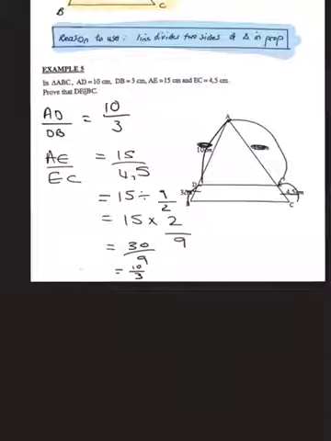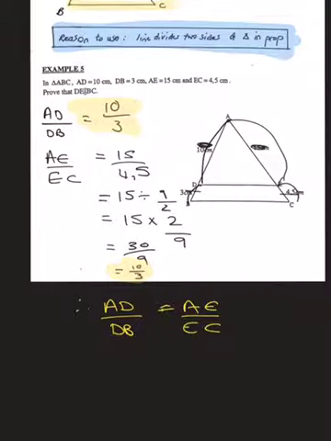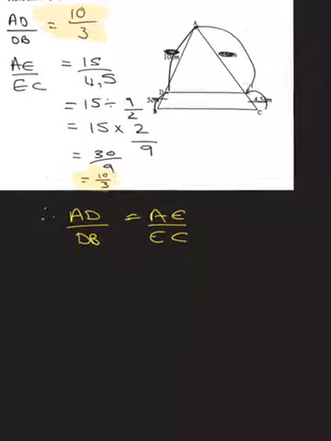Right, so you don't have to show us so much, but the idea is that we are trying to get equal ratios. So we need to conclude now. So we'll say, therefore, the ratio of AD to DB is equal to AE to EC. And so therefore, DE, the line, is parallel to BC.